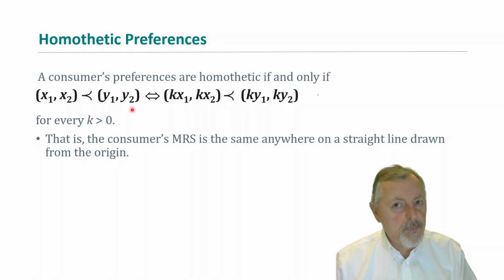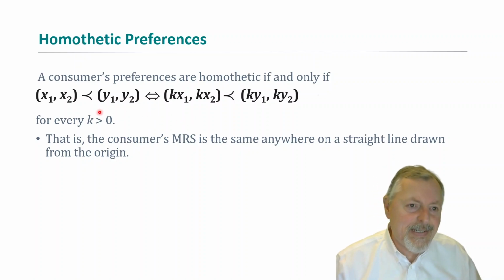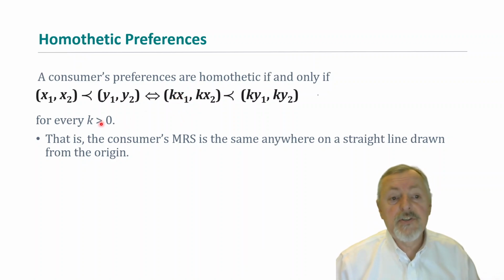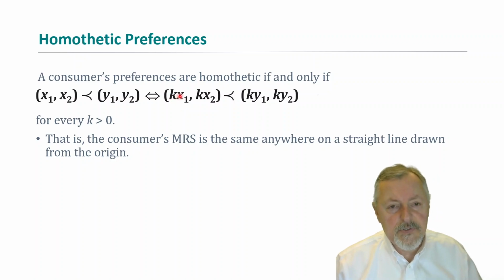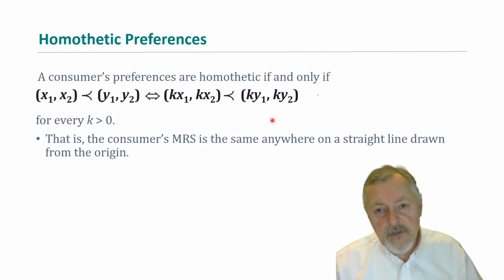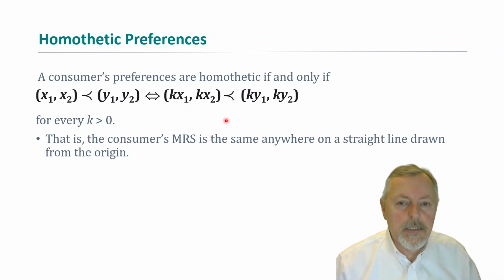Assuming preferences are homothetic, if you multiply the quantity of things in both bundles by the same positive constant, let's say k is 3, so 3 times as many of this and 3 times as many of that in each bundle, you will still strictly prefer this one over that one.